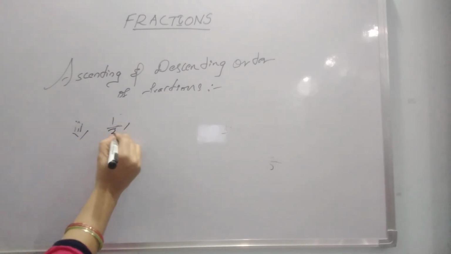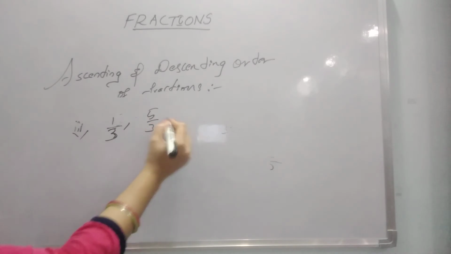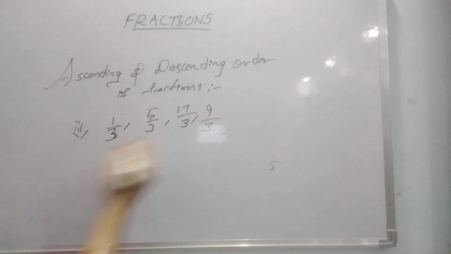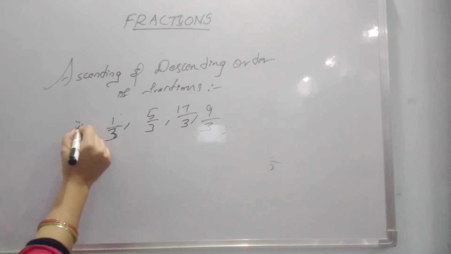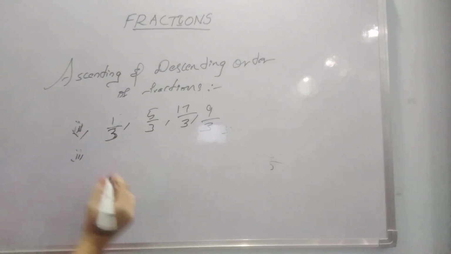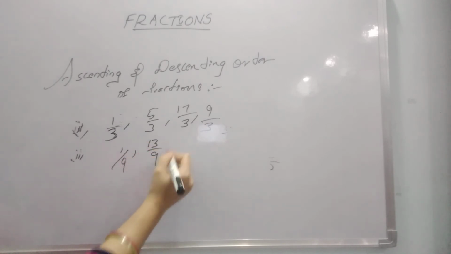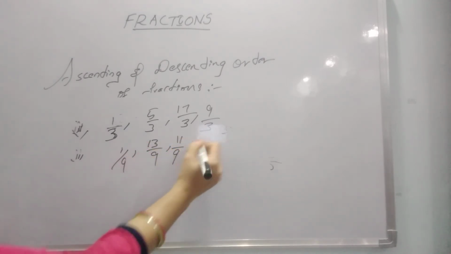1 by 3, 5 by 3, 17 by 3, 9 by 3. Please convert into ascending and descending order of both. 1 by 9, 13 by 9, 11 by 9, 5 by 9.